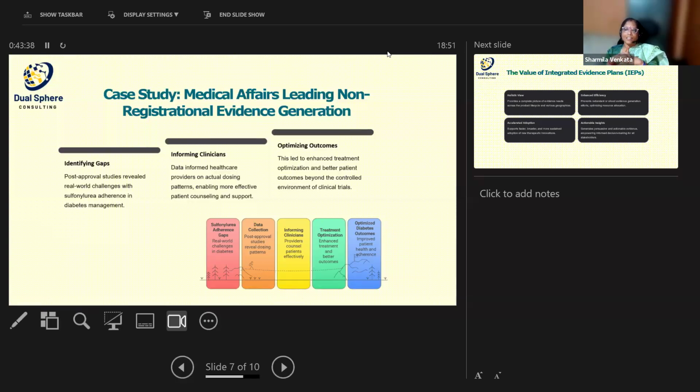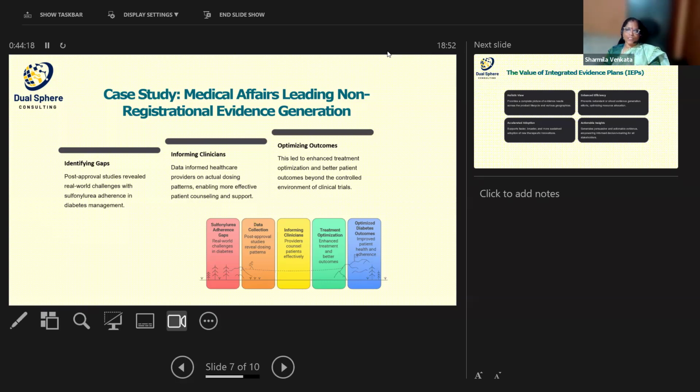Clinicians could then tailor their counseling, helping patients understand why consistent dosing matters, addressing their specific barriers, and offering practical strategies for improvement. The result: improved adherence and over time, better patient outcomes, including more stable blood sugar control and fewer diabetes complications.